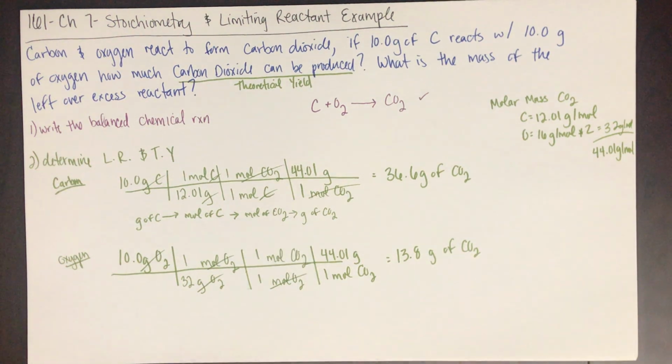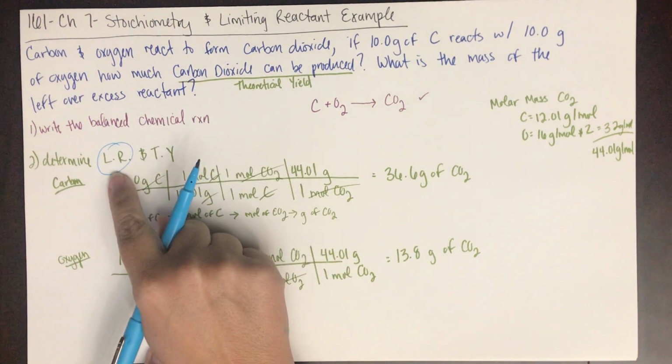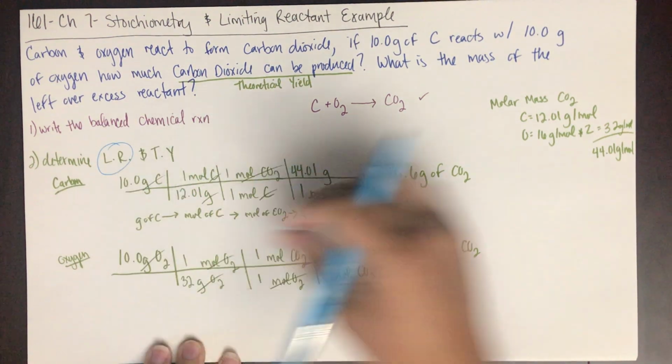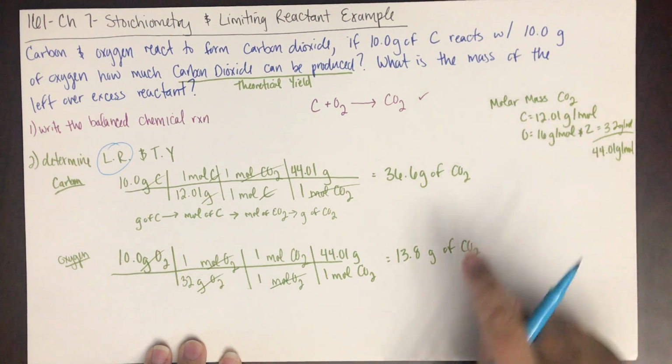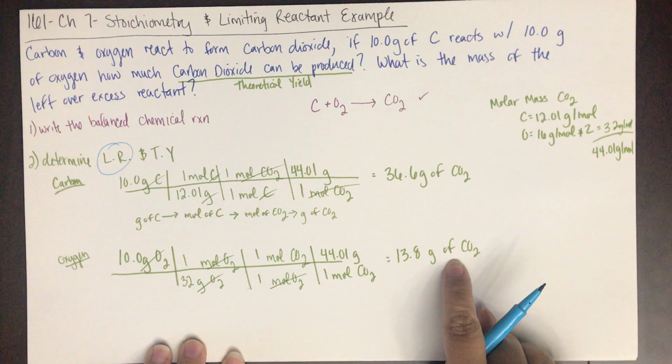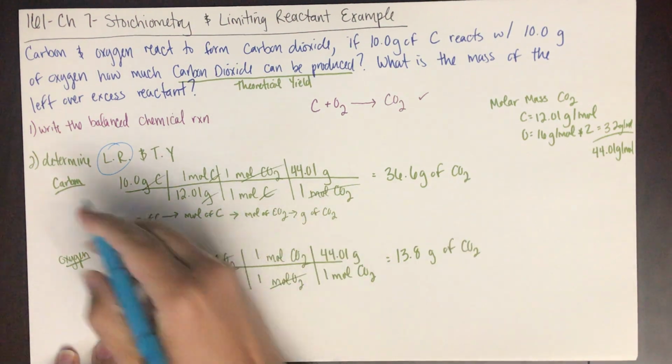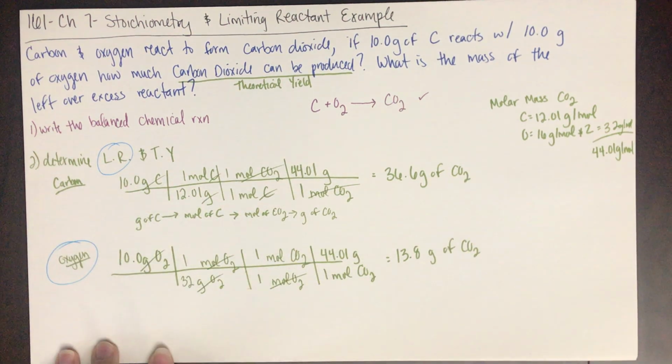So we do all this to determine what is the limiting reactant. Remember, the definition of the limiting reactant is the one that runs out first. The limiting reactant is the reactant that limits how much product you can make. This is less carbon dioxide than this, which means oxygen is the limiting reactant.